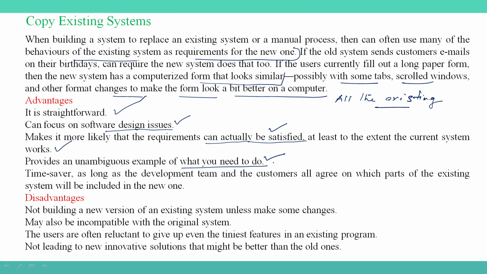It's a time saver, because there is nothing more to be spent on requirements; they are already available. It is functioning in a different form, as long as the development team and the customers all agree with the part of the existing system that will be included in the new one. So you have very specific requirements in the existing system that have to be copied to the new system.